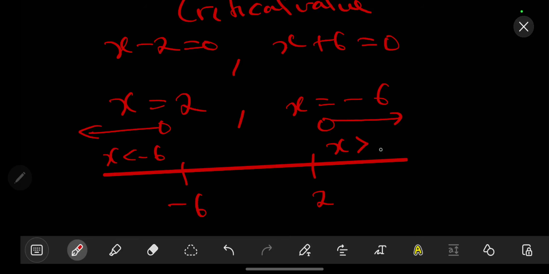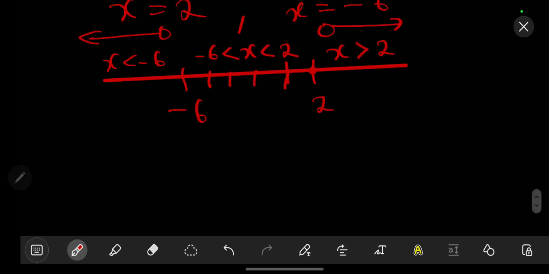All of them are greater than 2. So on this side we could have 3, 4, 5. The interval here is negative 6 less than x, because x could be negative 5, but at the same time x is less than 2, because x could be maybe 1 point something, but it should not reach the boundary.